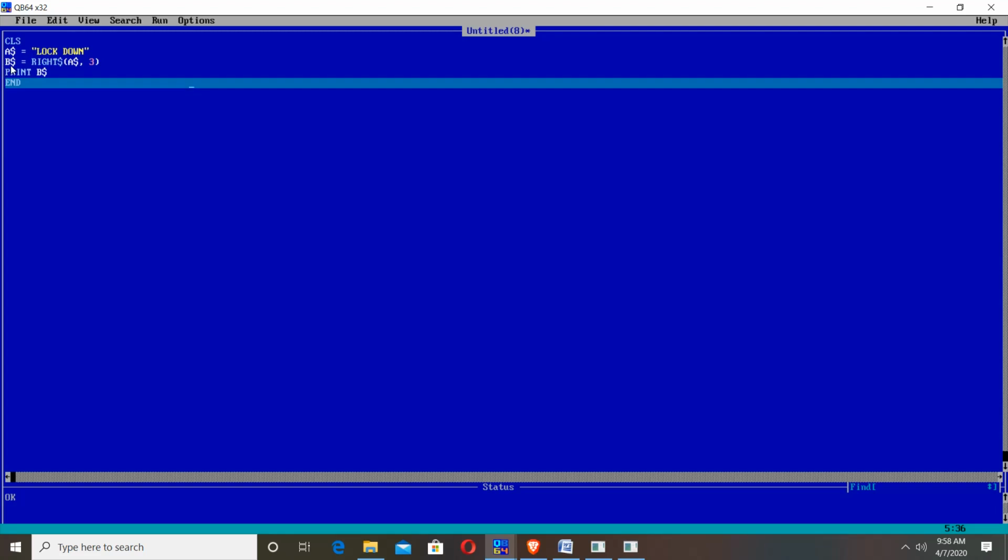After that B$ is equal to RIGHT$(A$, 3). Remember, whenever you use RIGHT$, it must be used in the same way that I have written here: RIGHT$, after that a string name, after that how many characters you want to get. That means in this program the user wants to take 3 characters from the right hand side.